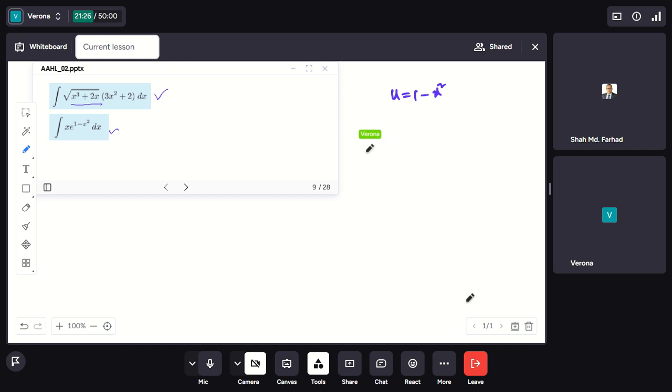Okay, you can tell me. Then just match your result with me here. That is du equals to negative 2x dx.